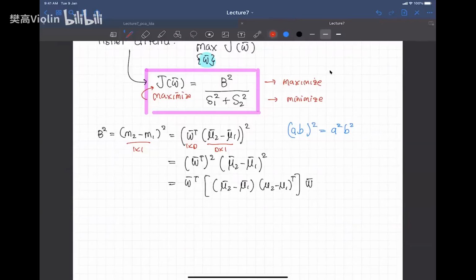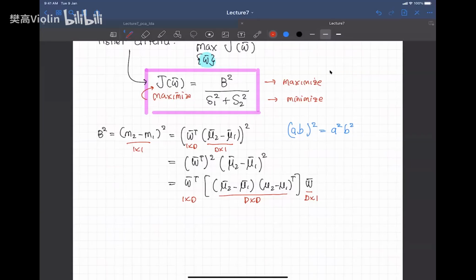So this is the correct notation. In this case, it will be 1 by D. So the whole thing here is D by D. This one is D by 1. Any questions?